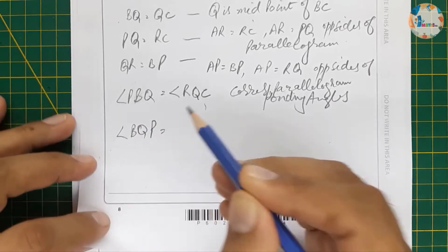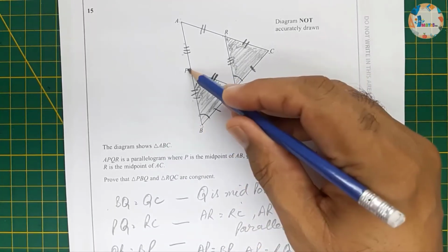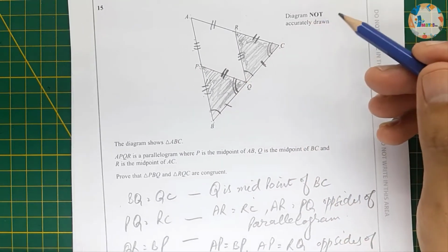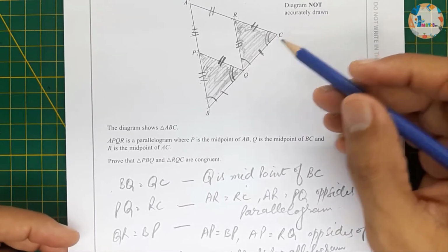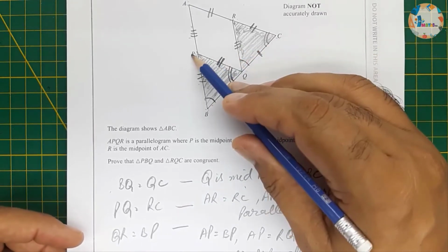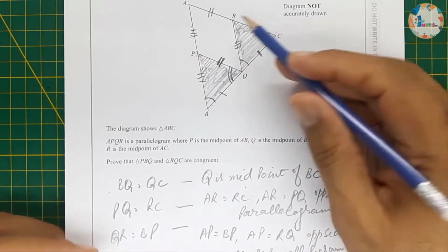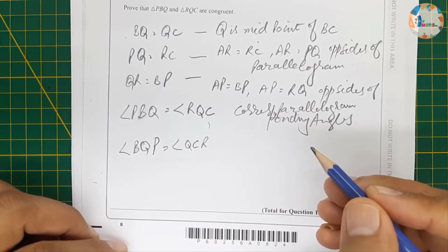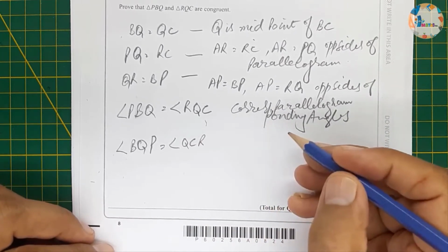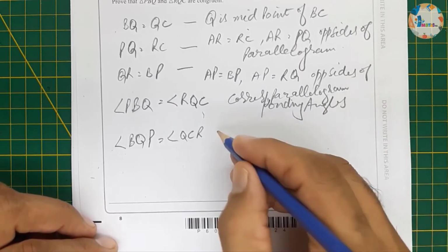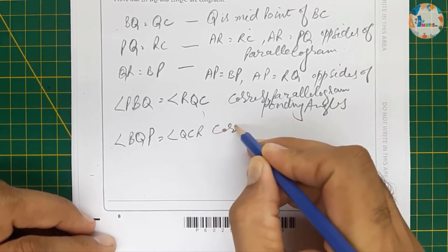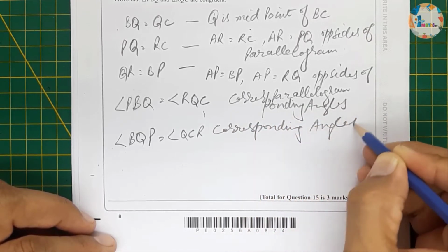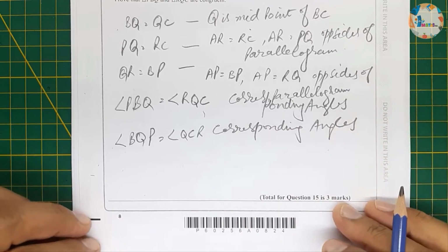And next thing which we will write is angle BQP is equal to angle QCR, which is this angle. This angle will be equal to this angle, and these are corresponding angles.